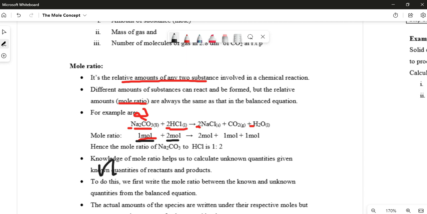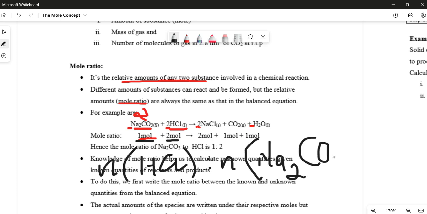So to find the moles of HCl, you do the ratio. This is where the ratio comes in: the moles of HCl over the moles of Na2CO3.